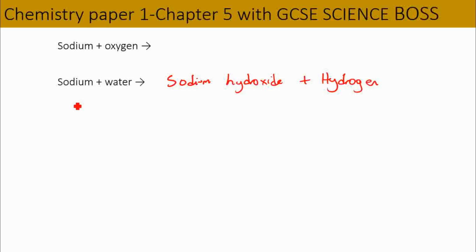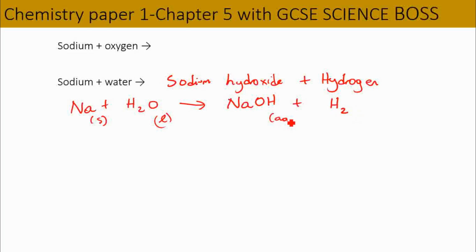So sodium, Na, plus water, H2O. Sodium is a solid, water is a liquid, and it's going to form sodium hydroxide, NaOH, and hydrogen gas, H2. So that is going to be aqueous because it's soluble in water, and hydrogen is a gas.